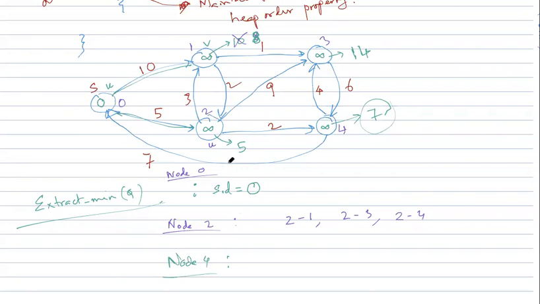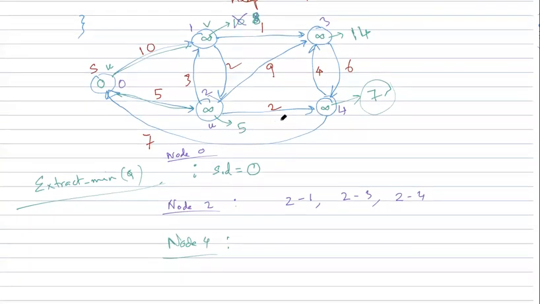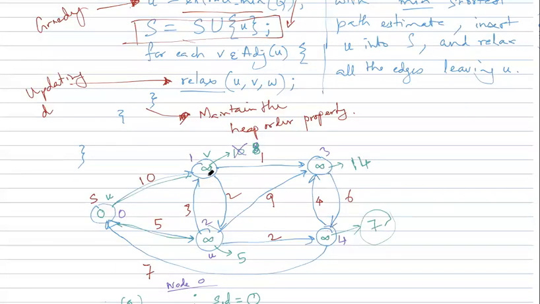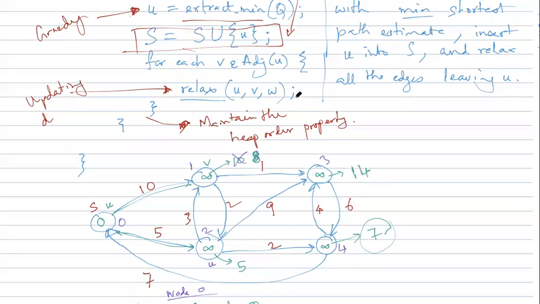So you can go on until it has gone through each and every node, until the queue is empty, because extract min is also taking it out of the queue. At the end, every node has been annotated with the tightest bound of the shortest path, along with the parent pointer, because you're also updating the parent pointer at every step.